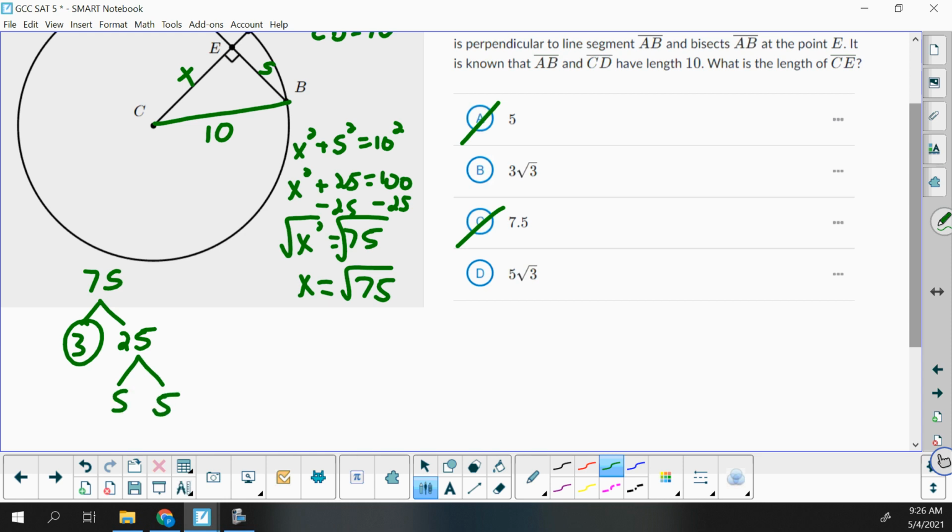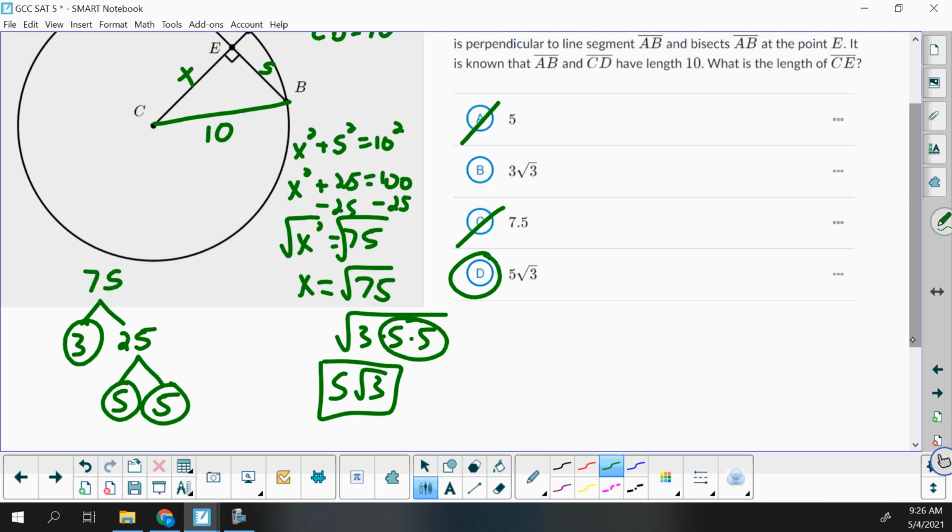So this gives us 5 times 5. Those are both prime. So now that tells us our prime factorization is just 3 times 5 times 5. So with that little prime factorization tree, we were able to do the same thing that menu number factor does. Circle your pair of 5s, one of them goes out front, and you get 5 square root of 3. So that would give us choice D.